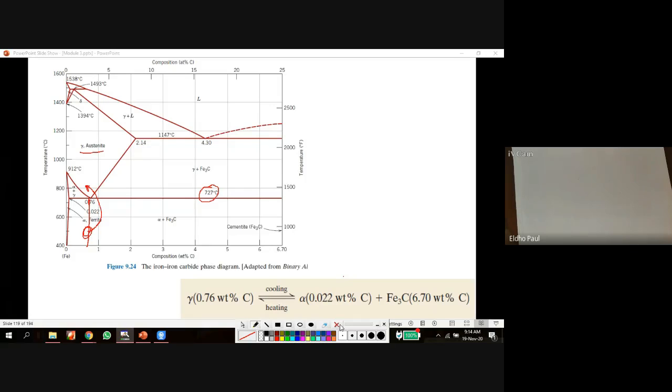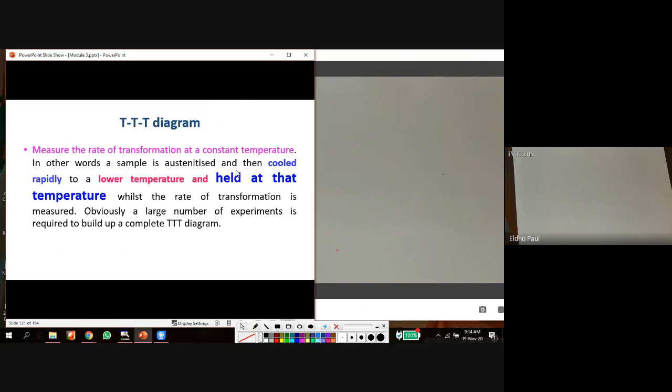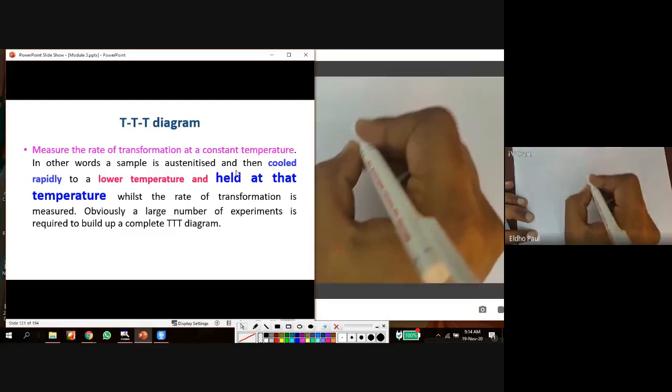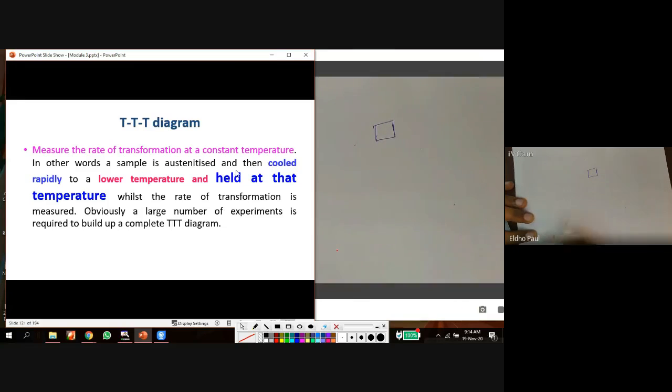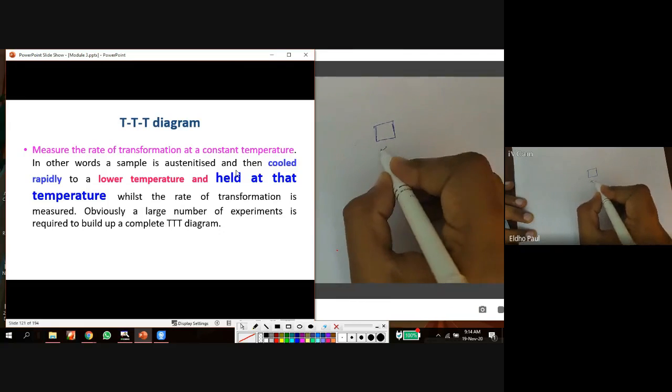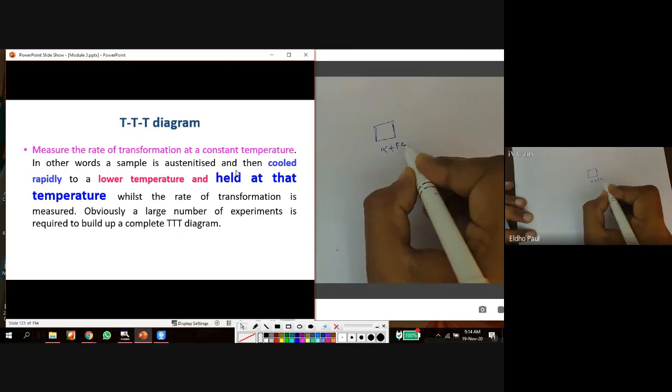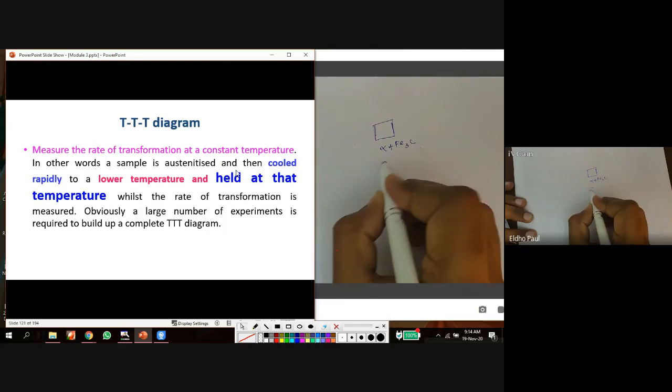Next, for constructing the TTT diagram, I am taking a sample of pearlite, that means alpha plus Fe3C with the eutectoid composition.